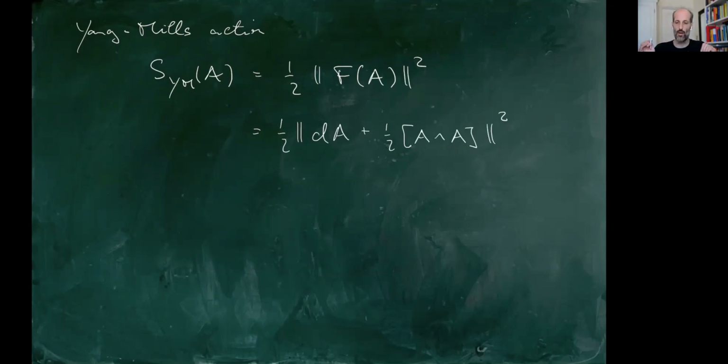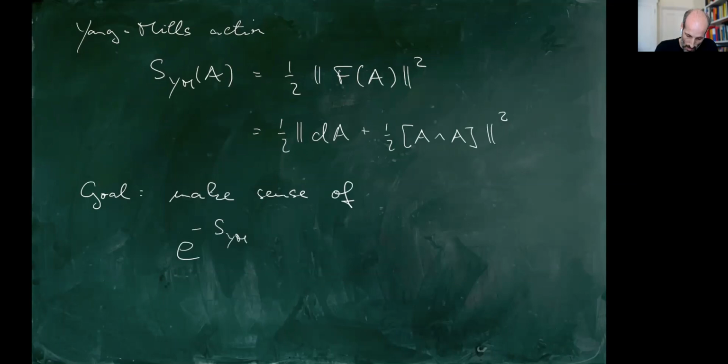In other words, what you want to do is to make sense of e to the minus Yang-Mills action of A, dA, whatever that means. The dA here is formally Lebesgue measure on your space of connections, which of course doesn't really have a meaning.